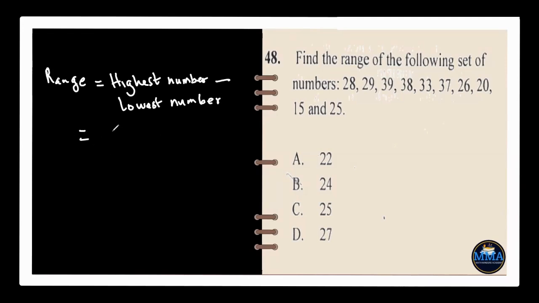Of course, from here, the highest number is 39. The lowest number is 15. And if we subtract this, you're going to have 24. So our correct value is 24. And we go to the option, that's option B. We'll mark it and proceed to question number 49.